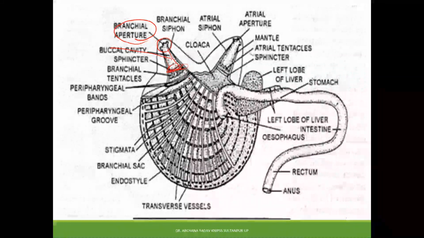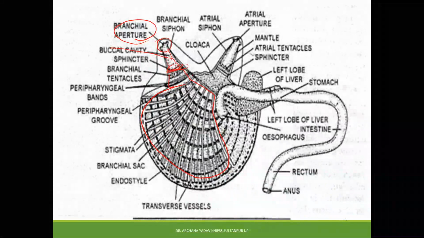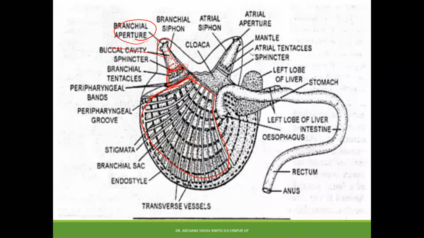Next is the pharynx region, the whole pharynx portion, which is divisible into two parts. One is the prepharyngeal zone and second is the branchial zone.